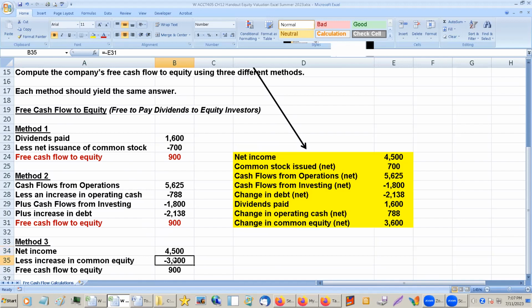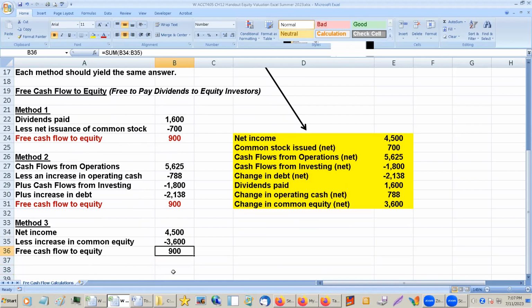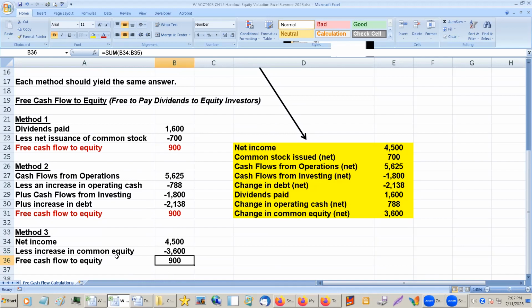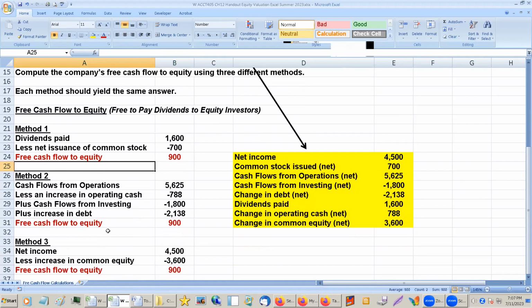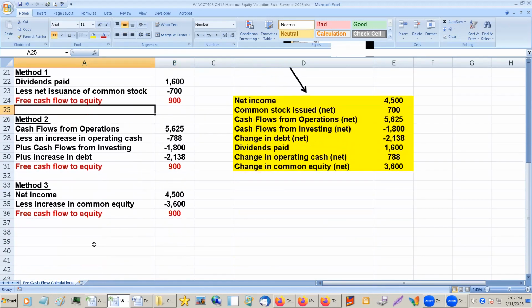So this 4,500 will also be offset by a 4,500 in the minus of the increase in the equity. However, the dividends will then be what the increase in the equity is all about, and that will be 900. So the wacky thing about this, the one that the book uses, is that there are actually 3 ways to do it.